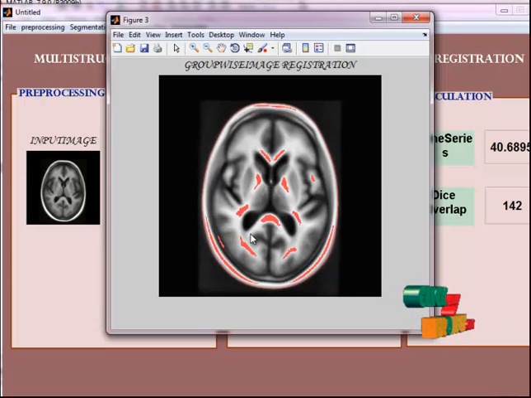The dice overlaps are generally in the same range except for the brainstem, where both LDDMM and LDDMM multistruct are considered higher. This could be attributed to the fact that our brains were skull stripped prior to the registration process.